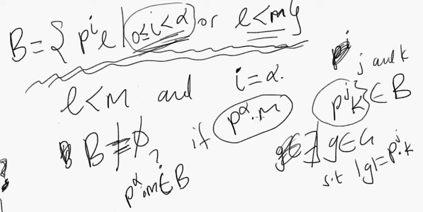Perhaps a contradiction we can come to is saying that B contains the element P to the alpha times M. What else? What else has to be true about our collection B, our set B?